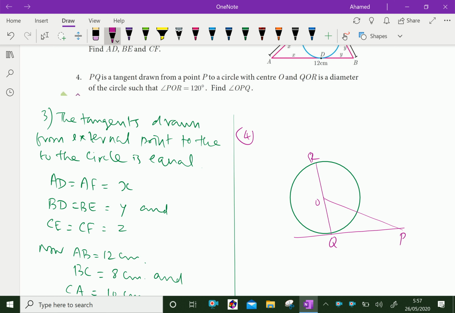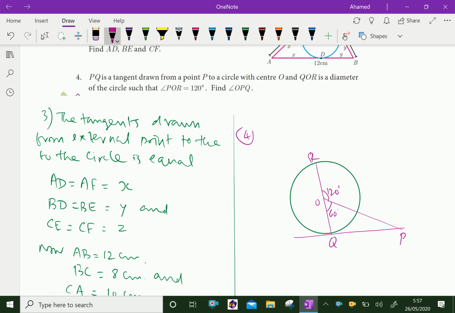POR is 120 degrees. If it is 120 degrees, then POQ must be 60 degrees, because a straight line is 180 degrees.